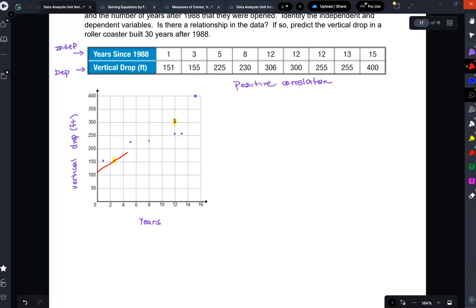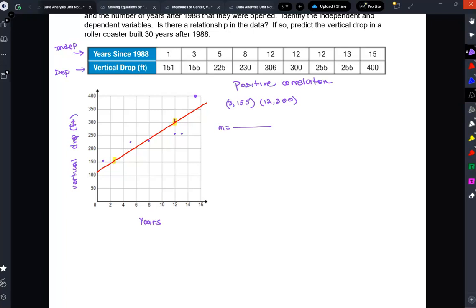Do you see how it goes pretty much through the middle? So the points I picked are (3, 155) and (12, 300). Okay, so now what I want to do is find the slope.